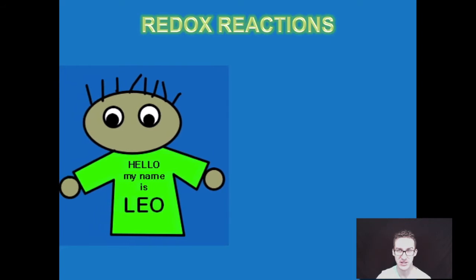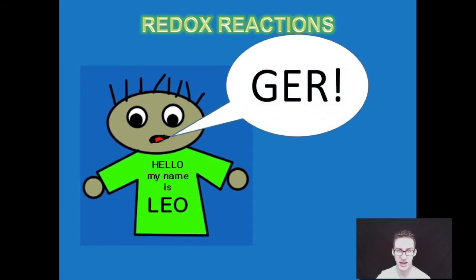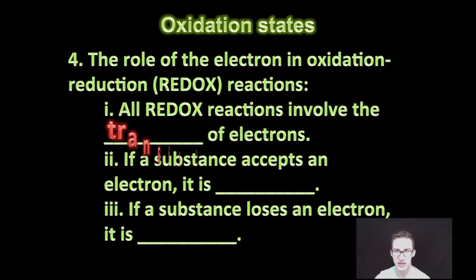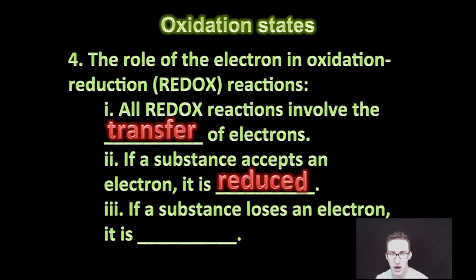Once you have assigned those oxidation numbers to each of the atoms in your reaction, you can then begin to work through redox reactions. And again, basically, a redox reaction is simply a reaction in which we have a transfer of electrons. If something accepts electrons, or if it gains electrons, we say that it's been reduced.